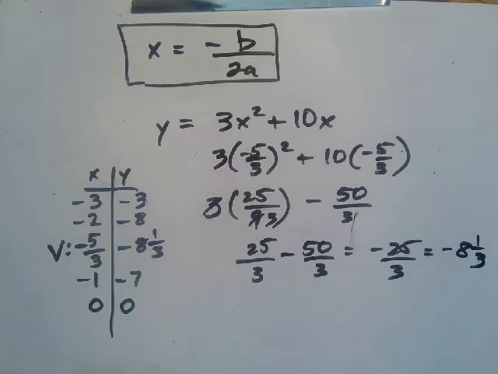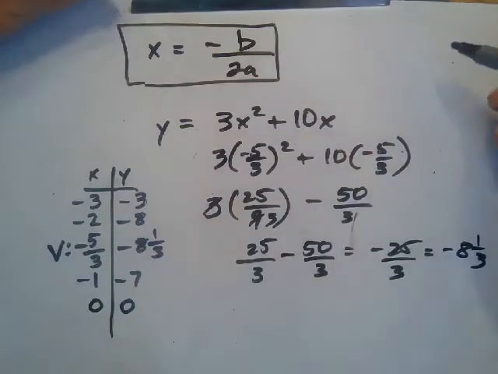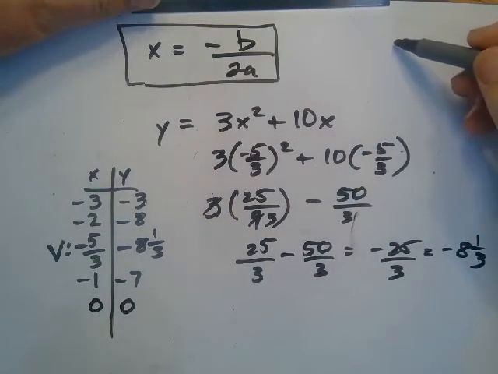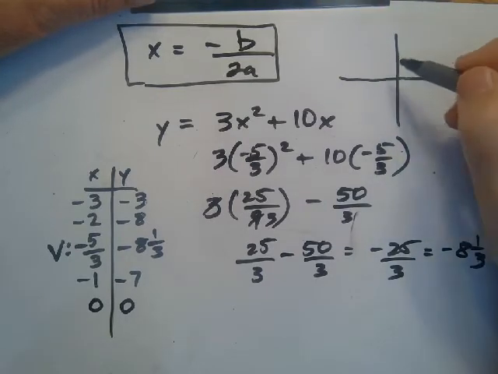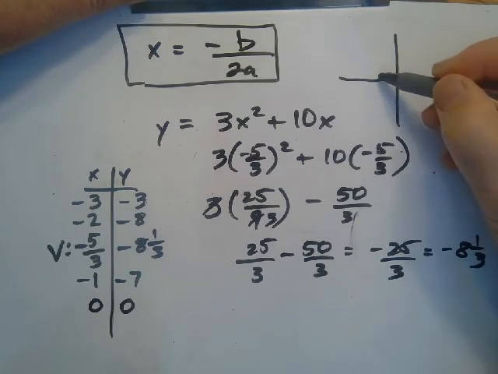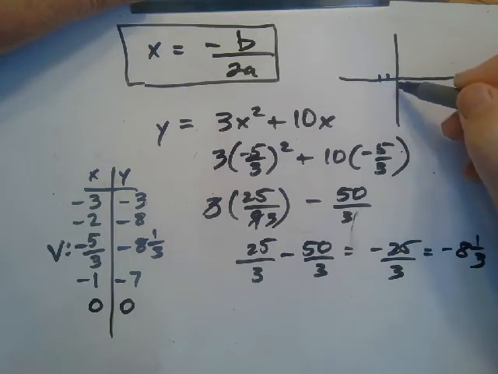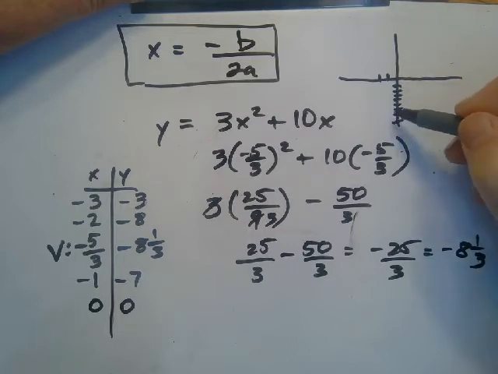Let's see what that would look like on a graph. Okay, let's put the graph right up here. -5/3. Well, there's -1, -2, -5/3 is like right in here. -8 1/3: 1, 2, 3, 4, 5, 6, 7, 8.